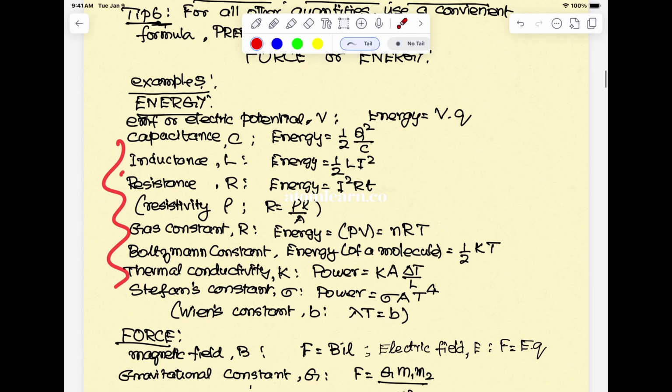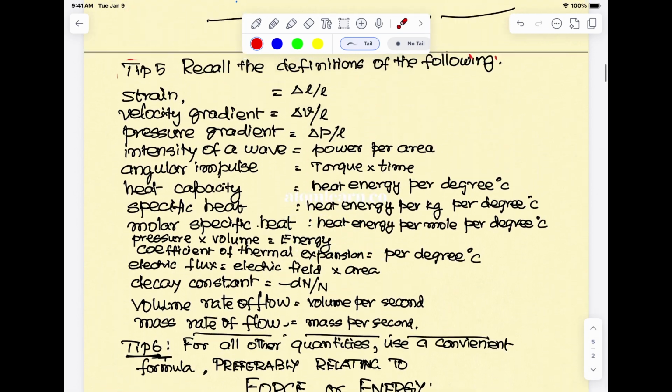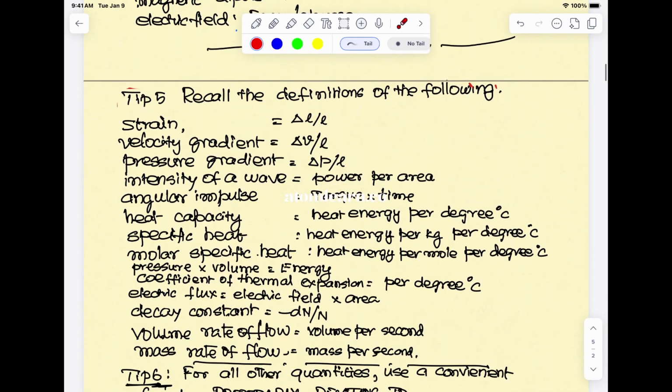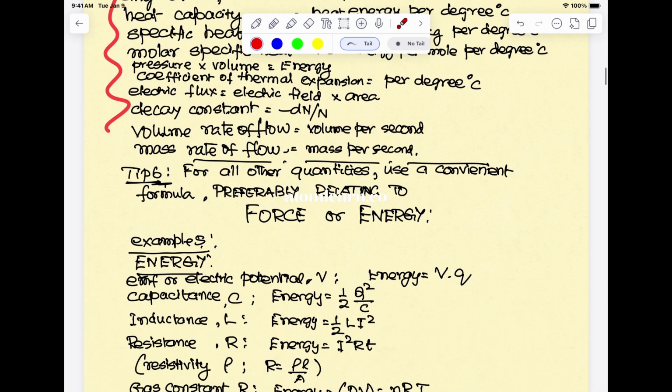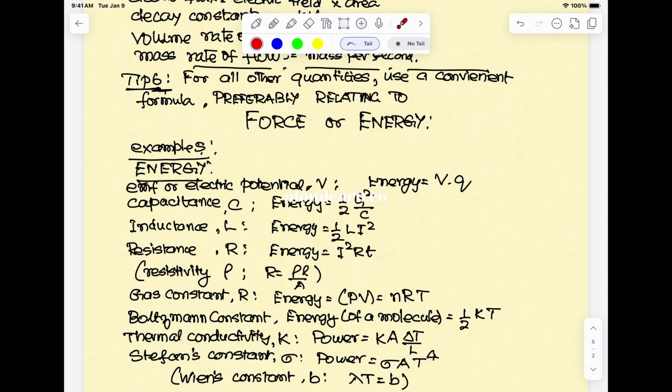Therefore, other than the tip 4 and tip 5 quantities, there are quantities which you can very easily derive on the spot. Now there are some tough quantities which will be covered in the question, for which you should always think of the formula which links these quantities with energy.